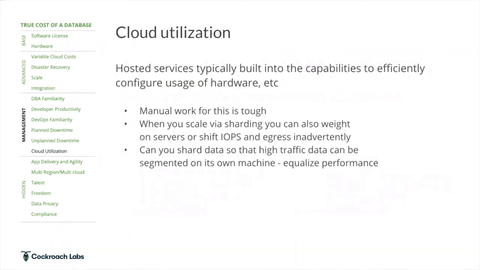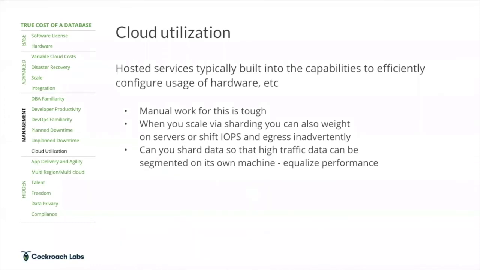Finally, in management is cloud utilization. How do we distribute data and load across multiple different nodes, or multiple different servers, to even out the utilization of, say, cloud hardware? When I do that, am I shifting IOPS and am I adversely affecting egress in and out of data centers?